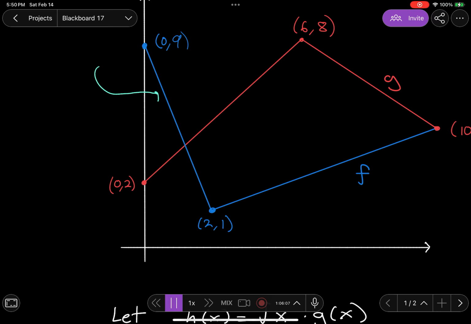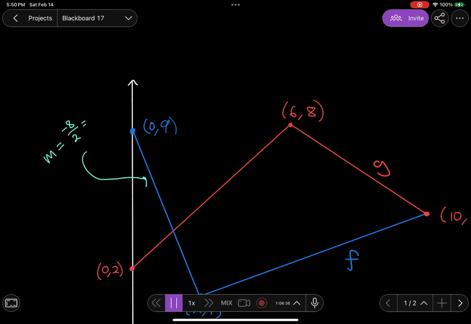To figure out the slope here, we have m is equal to the rise, which is, I go from 9 to 1, which means my rise is -8. So again, how do the y values change for the rise? I go from 9 to 1. How do I do that? I subtract 8. And then how do the x values change for the run? I go from 0 to 2, which means I add 2. And that gives me -4 for my slope.